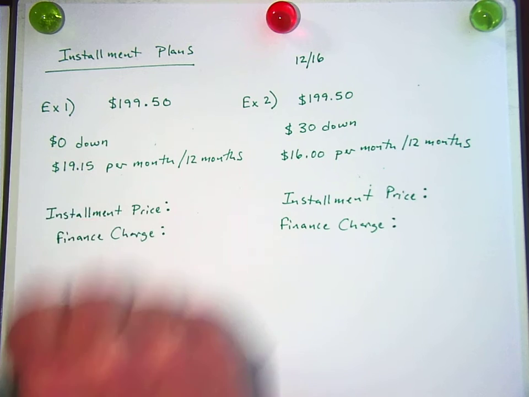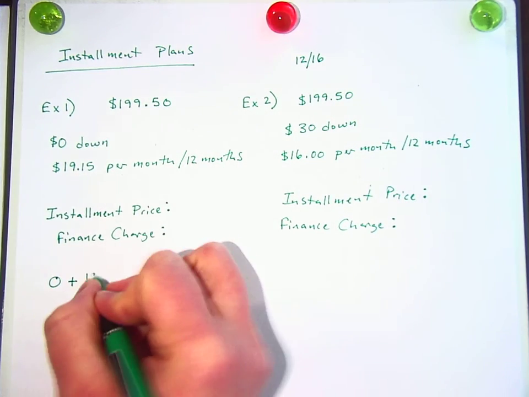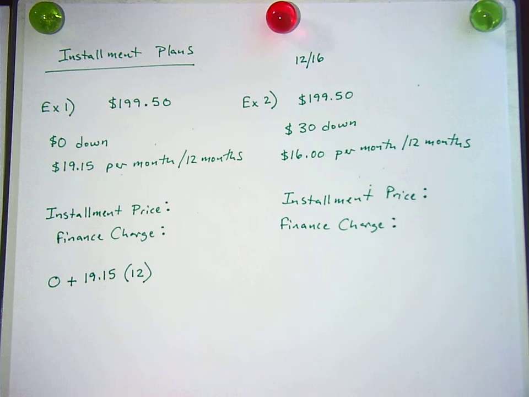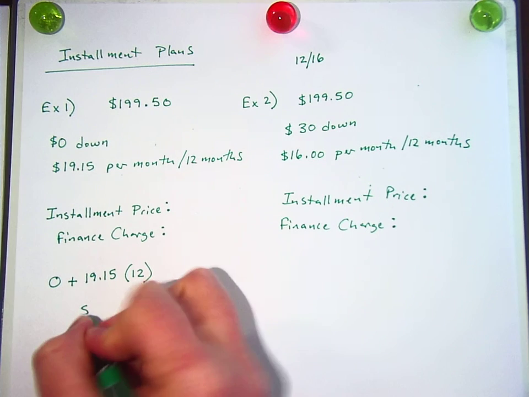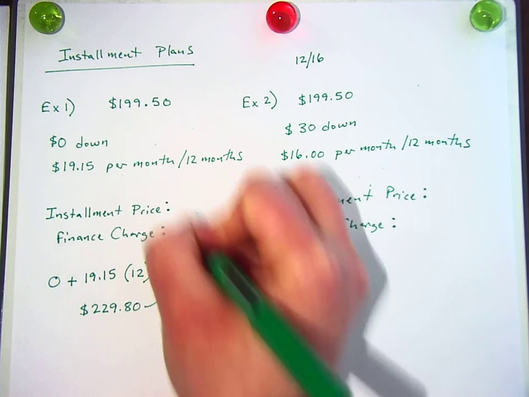So, we've got 0 down on this problem, so we're going to take 0 and add that to $19.15 per month for 12 months. So, I'm going to multiply those two numbers together using my calculator, of course. I really don't need to add in that 0 because I know that's not going to change it. So I'm taking 19.15 multiplied by 12, which is $229.80. And that is the installment price right there.